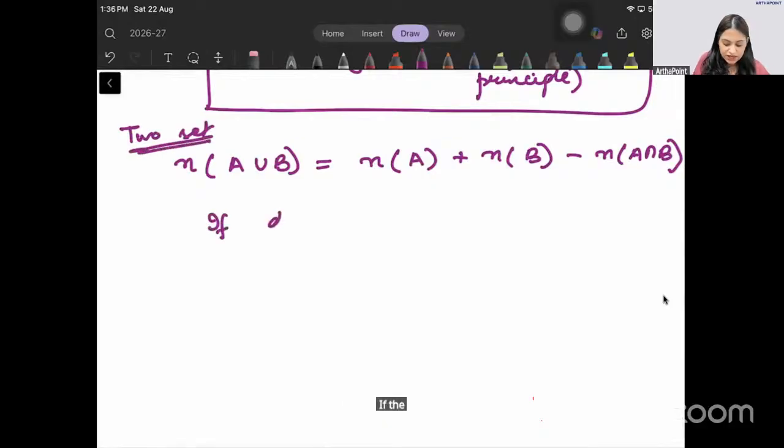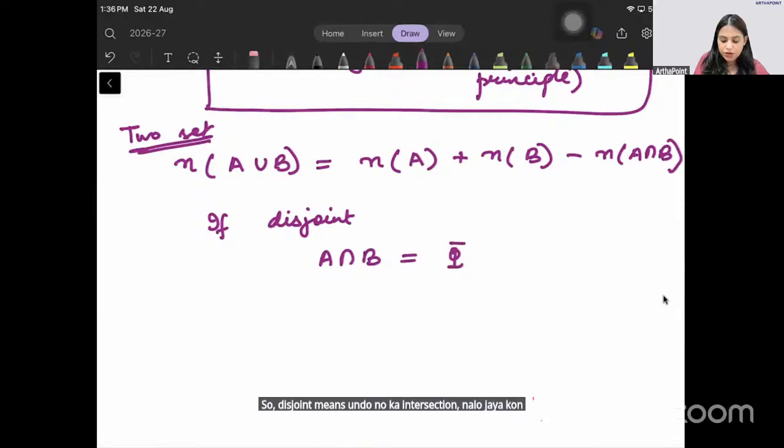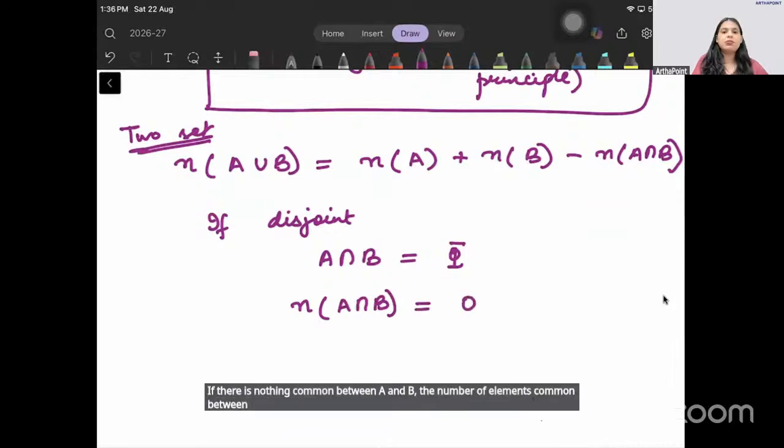If the two sets are disjoint, disjoint means their intersection is null, there is nothing common between them. If there is nothing common between A and B, the number of elements common between A and B will become 0.